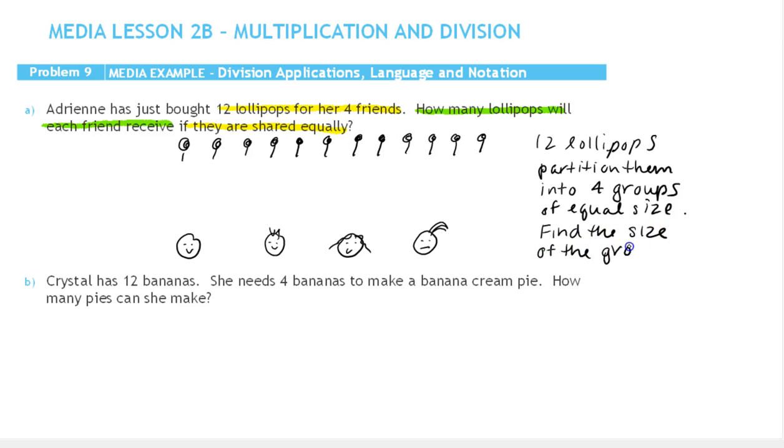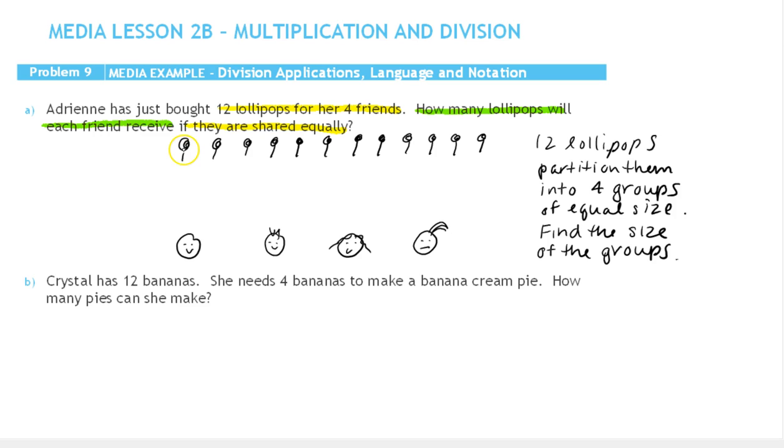Okay, so hopefully you're seeing the connections between this and the multiplication language. With multiplication, we said we had maybe 5 groups of size 4. Here we're saying we have some amount. We're making 4 groups. We want to know, if the groups are the same size, how many are in each group. So here, you may know because you can divide, but officially we don't know how many of these to give to each person.